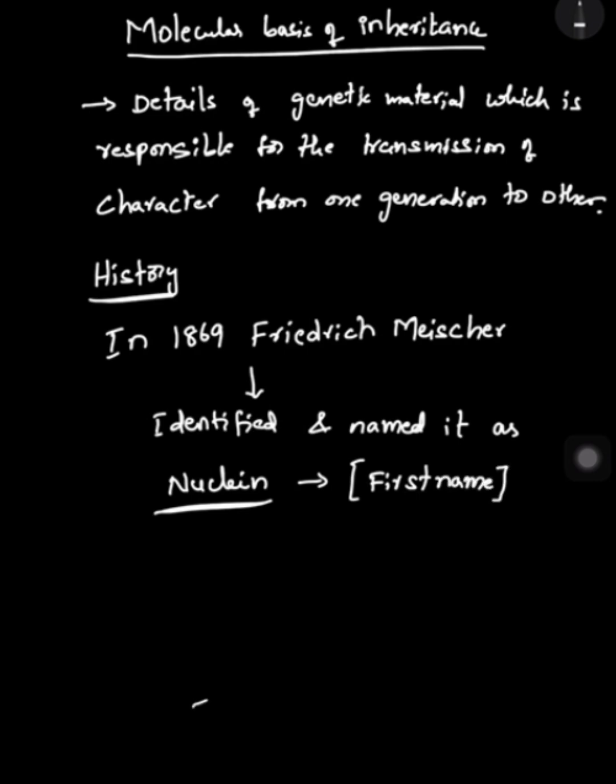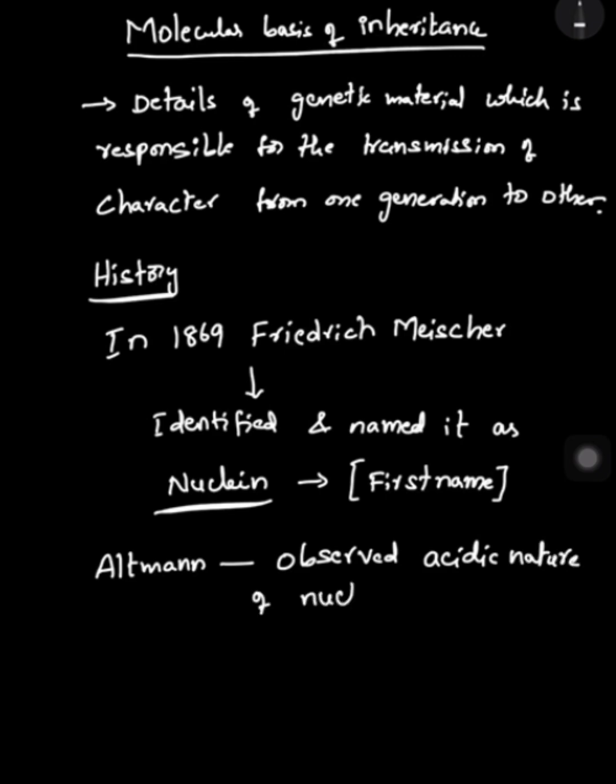Later on, the studies of Altman. Altman observed the acidic nature of this nuclein. Due to the presence of phosphoric acid, it is acidic in nature. So, he named it as nucleic acid.